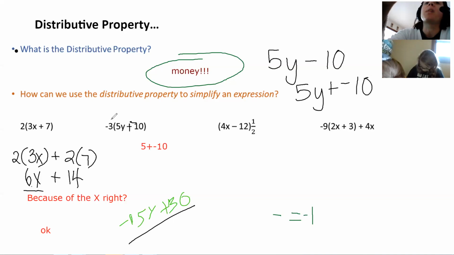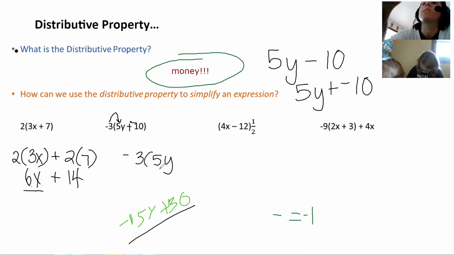We can multiply. We can go -3 times 5y. Right. Yeah, it's going to turn negative. You're right. Yeah, I was just meaning that the 5 wouldn't be negative right there. It'll be negative after you multiply it by that -3. Good question. Yeah, no, great question. And then we're going to go -3 times -10.